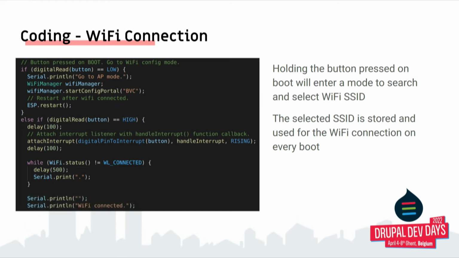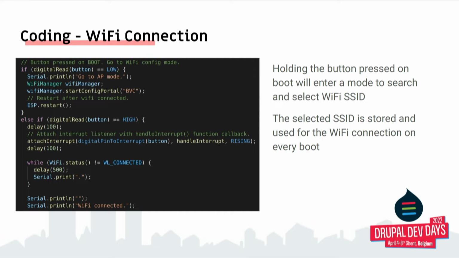Okay, so the Wi-Fi connection. A notable thing about the Wi-Fi connection here is that you see an if and else if. So if you boot your device pressing the button down, it goes into the AP mode, and you set up your internet connection. You set up your SSID there.